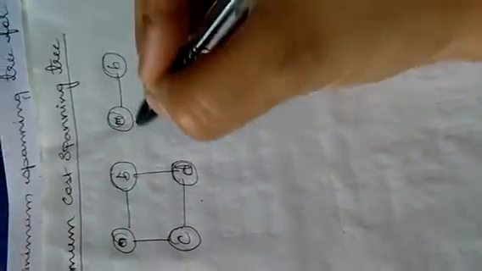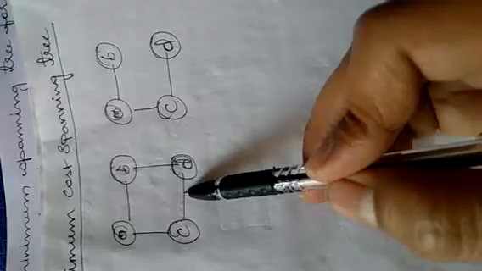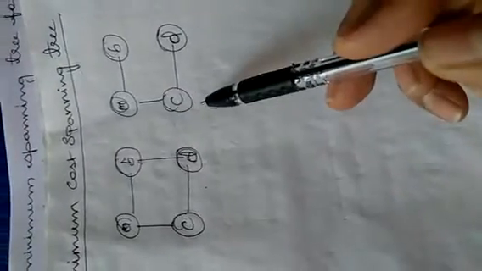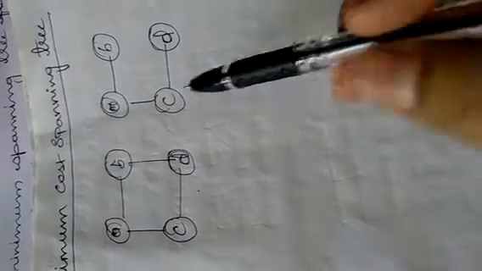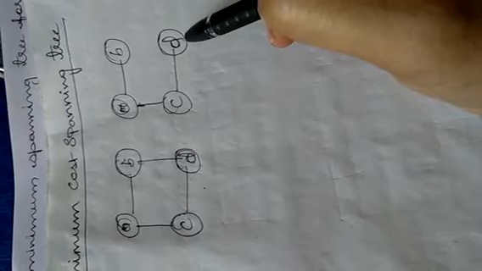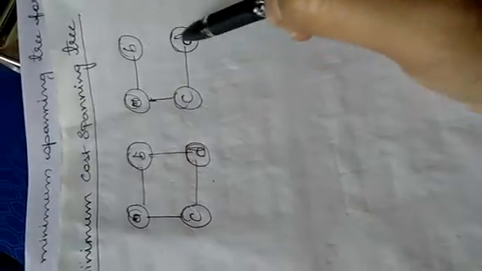With this one, how many spanning trees can you write? One more thing you have to remember: all the vertices should be present. If you have to represent the spanning tree of this graph, all the vertices present in the original graph should be present, but edges may be missing. See here, this is one spanning tree I have written. All the vertices are there, all the nodes are connected, but it is not forming any cycle.